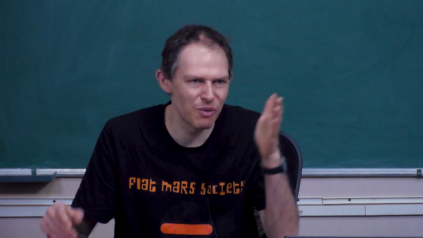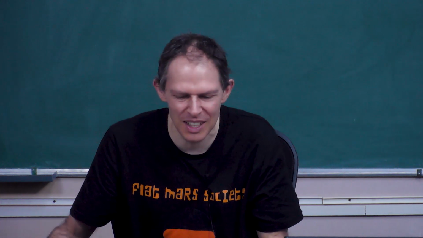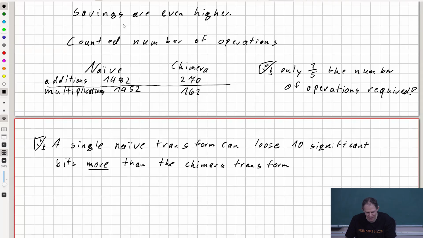Now you're losing 10 bits, and if you have double precision, I don't remember how many bits we have in double precision. I mean for the fraction, 52. Okay, so you would still have 42 left, right? Anyway, double precision would still be better than single precision in this case.